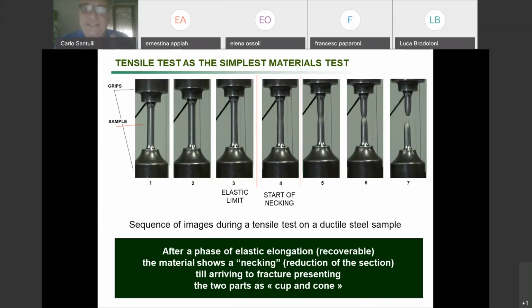This tends to be ductile, and we can see that from the fact that we have plasticity for quite a long time. And you may easily imagine, I can tell you that the time span between 3 and 7 is much more than between 1 and 3.